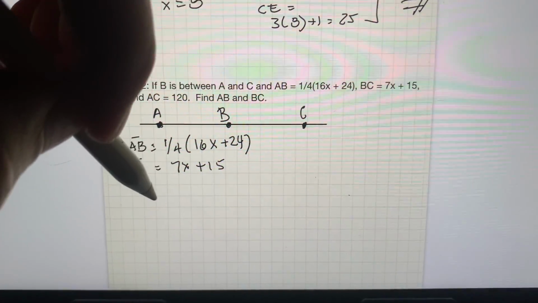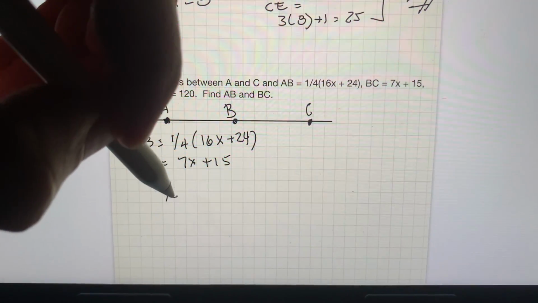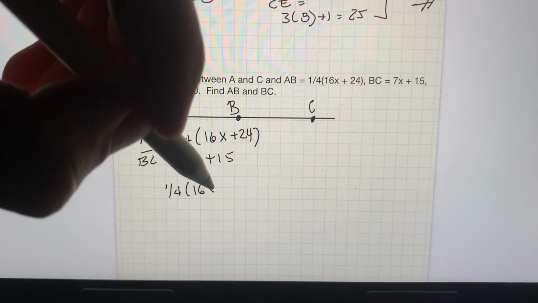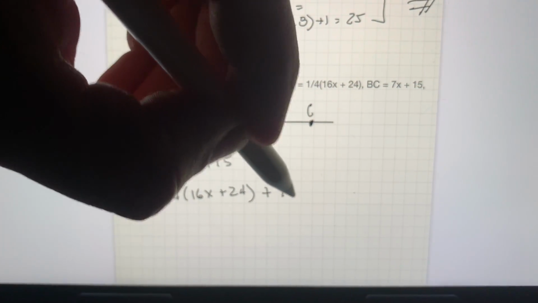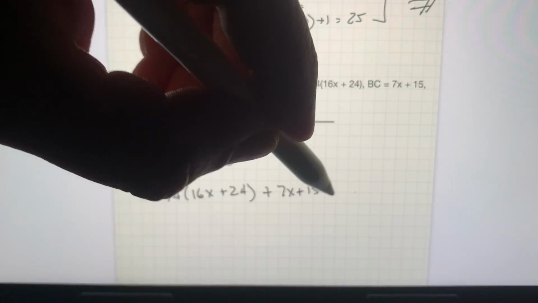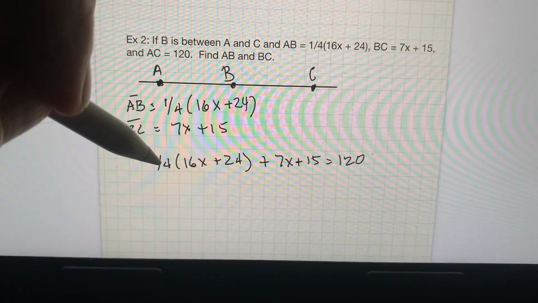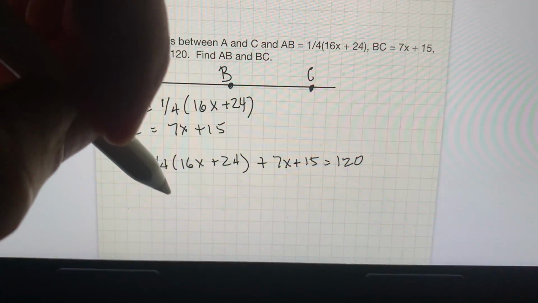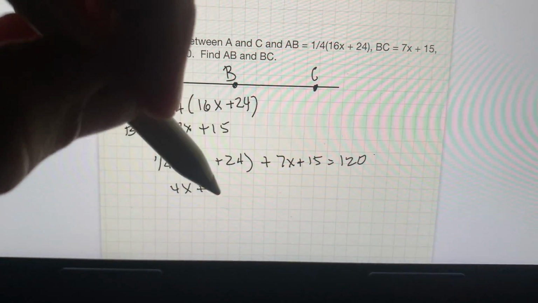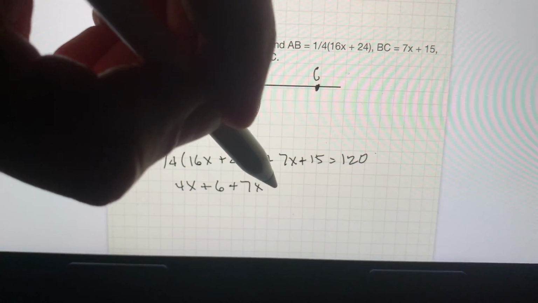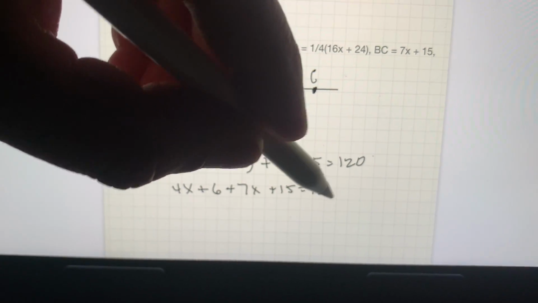So we can say 1/4 times this. Let me rewrite it here quickly: 16x plus 24 plus 7x plus 15 equals 120. So then 1/4 times 16 is 4x, and 1/4 times 24 is 6, plus 7x plus 15 equals 120.